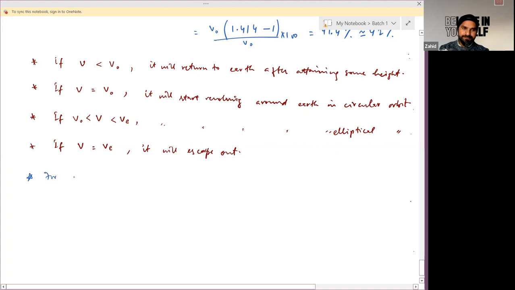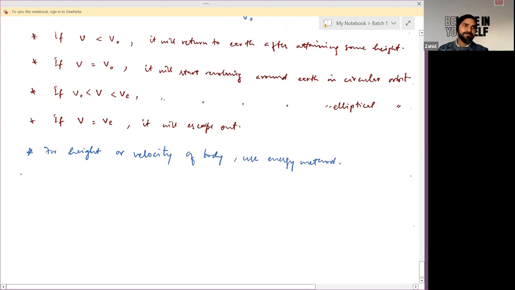So for height or velocity of a body, use the energy method. Let me define a problem related to this.